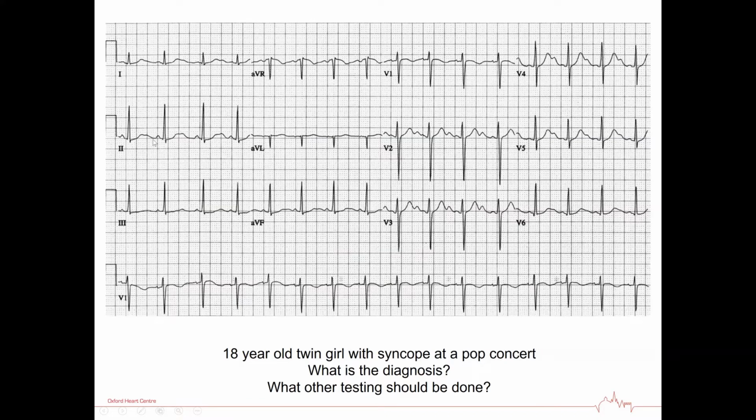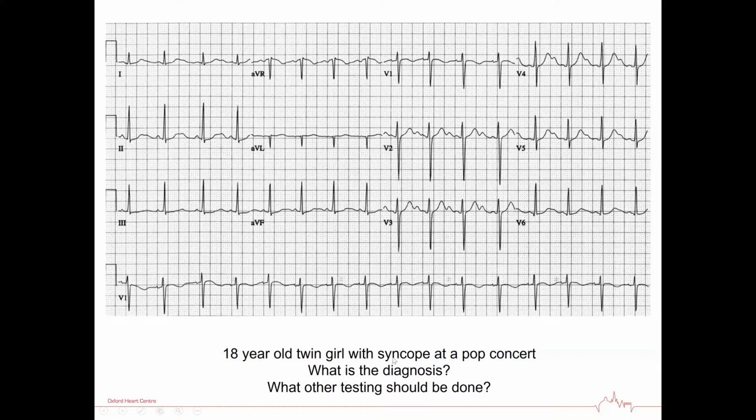The normal length, as we said, for a woman is about 470, 450 for a man. We can see here that we've got almost 600. You do correct it for the heart rate, and again, MedCalc or ClinCalc for you, or you can do it online using Bazett's formula just on Google. So here we're looking well into the high 500s corrected. This is long QT, often triggered by a loud noise.